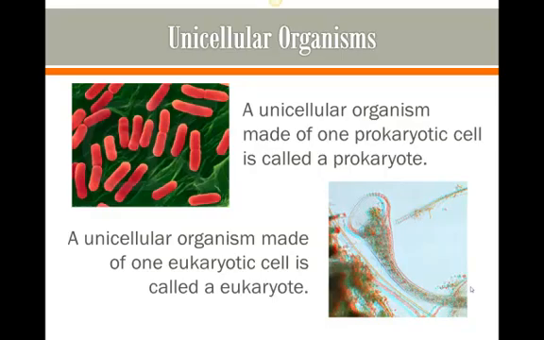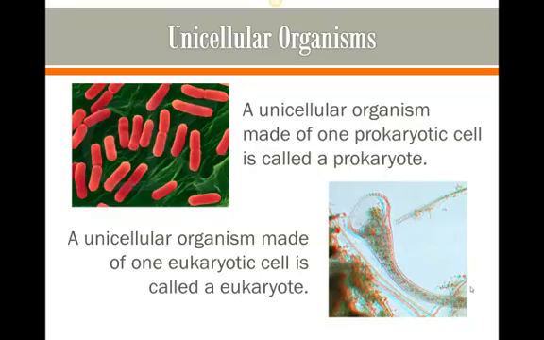Now remember, what is the difference between prokaryotic and eukaryotic cells? Hopefully you got it right. It goes back to the membrane surrounding the nucleus. In a prokaryotic cell, such as bacteria and blue-green algae, they do not have an organized nucleus.